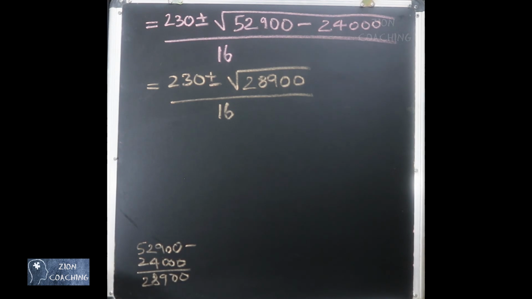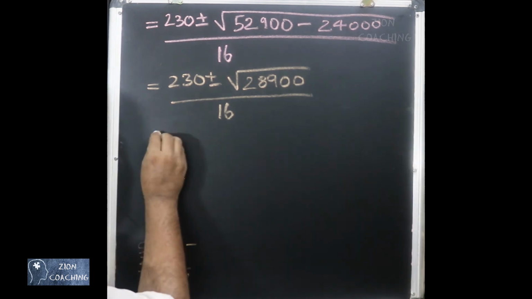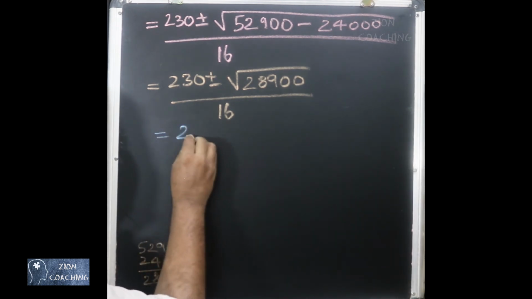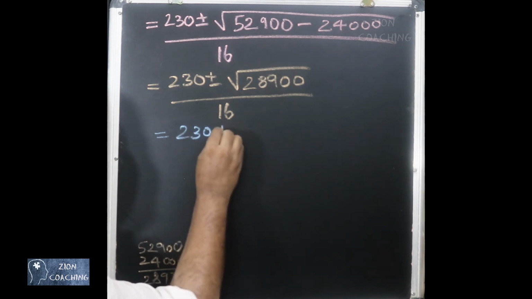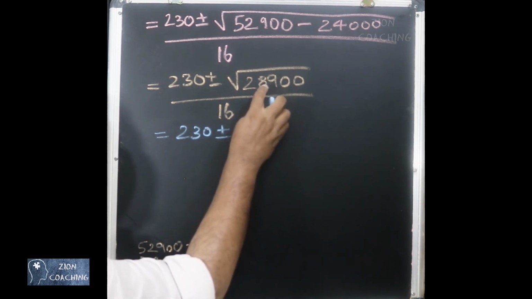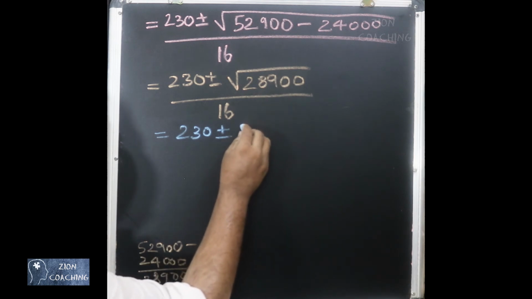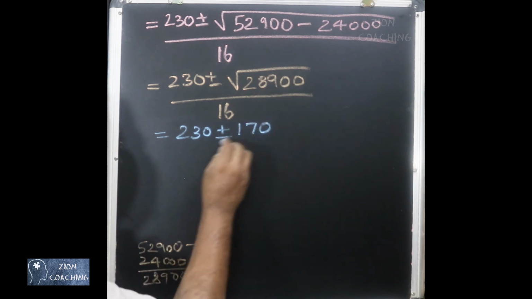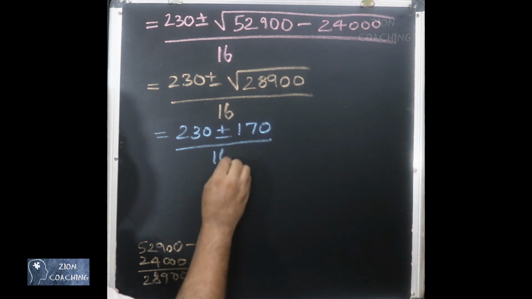Now you know that 17 into 17 is 289, so this is going to be 170 into 170. So you are going to have 170 divided by 16.